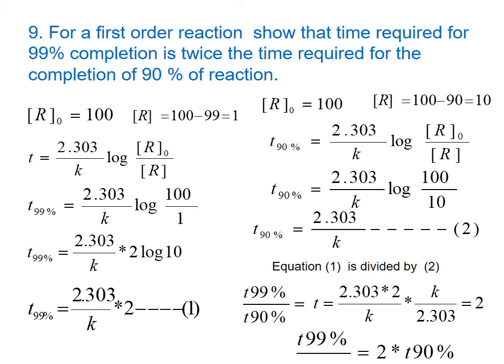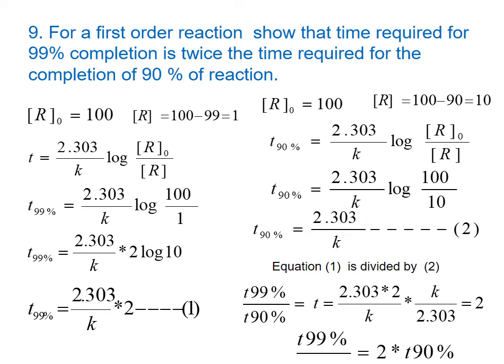Then the time required for 90% of reaction is equal to 2.303 by k log R0 by R, that is log 100 by 10. So 0 will cancel, log 10 is 1. So T 90% is equal to 2.303 by k, and take this as equation 2.